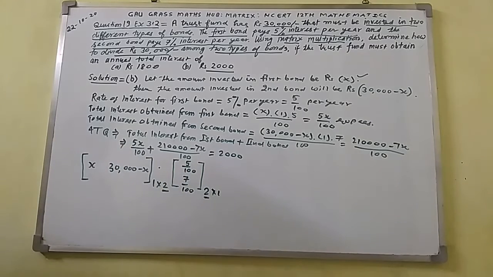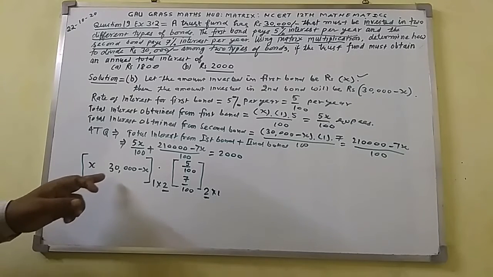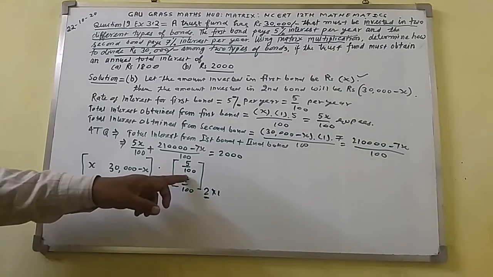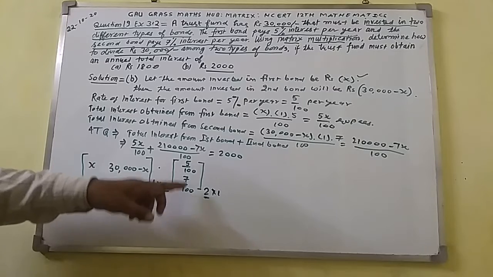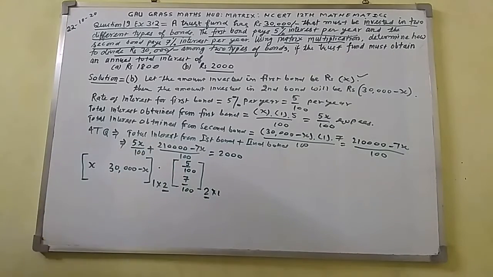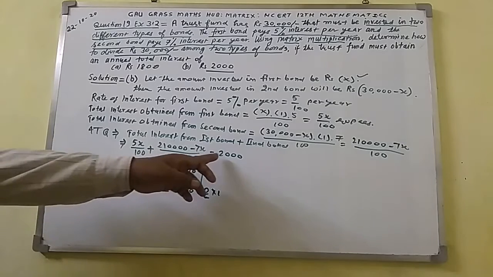Plus will be there, and we will multiply this term 30,000 minus x to 7 over 100. You will get this term. Both will be added together. You will get simply this one.